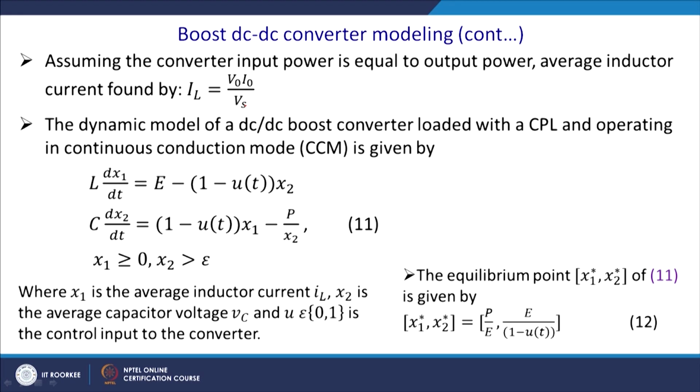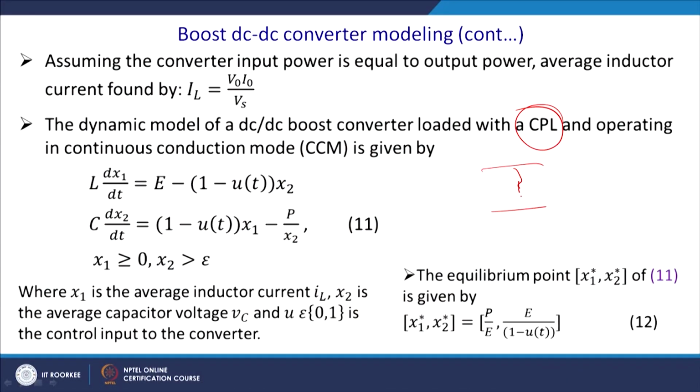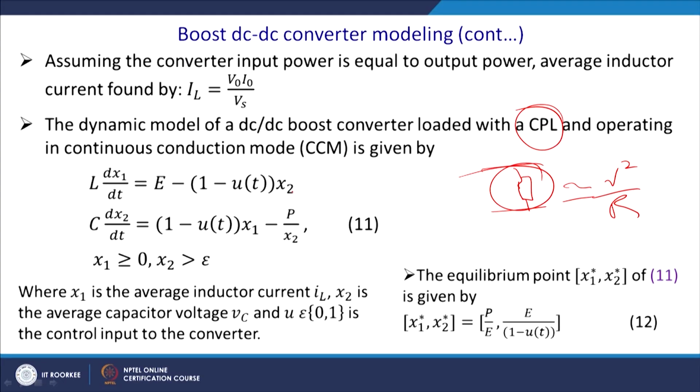The dynamic modeling of the DC to DC boost converter loaded with a constant power load is something we require to think of. Generally, once we have a parallel circuit where the load is connected, if voltage drops, wattage generally reduces, because it is basically proportional to V square by R. And operating in the continuous conduction mode or CCM, you can write L dx1/dt equal to E minus (1 minus U) into x2.